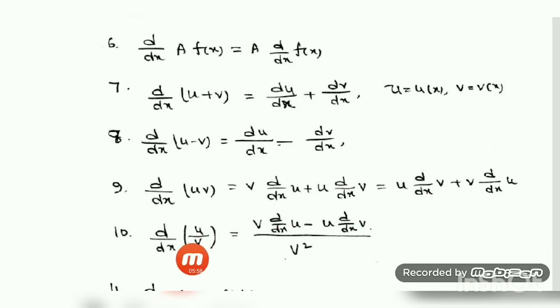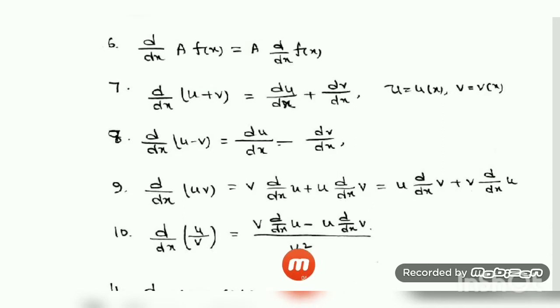Then what about the division? That is the quotient rule. d/dx of u by v. I am not saying the derivation. Remember, we derived all this in class 11 from the definition, that is f dash x equal to limit h tends to 0, f of x plus h minus f of x by h. Using that formula, we have derived all this in class 11. So here we'll have v square.